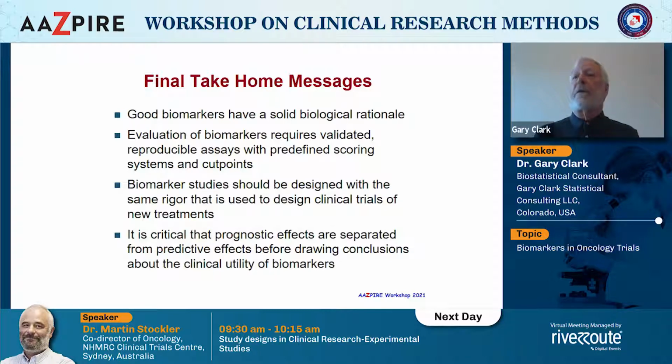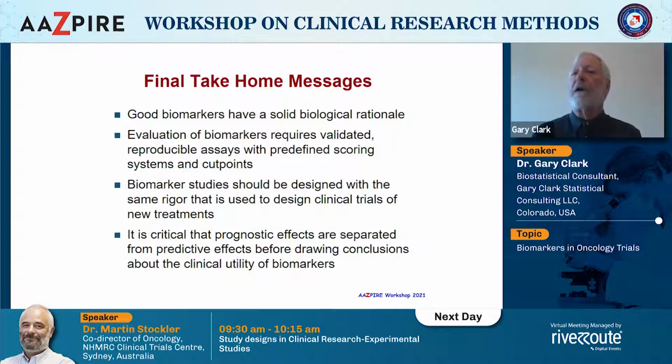Evaluation of biomarkers requires validated and reproducible assays with predefined scoring systems and cut points. What you read in the literature is, well, we modified the assay by Smith et al. by doing something. Well, if you modify the assay, it's a different assay. It may or may not have the same validation properties as the one that you just did.